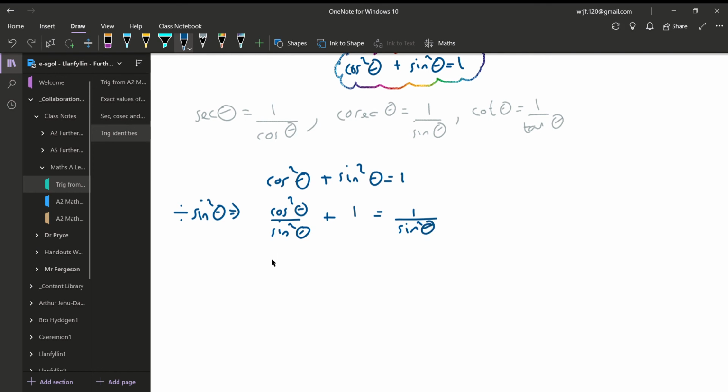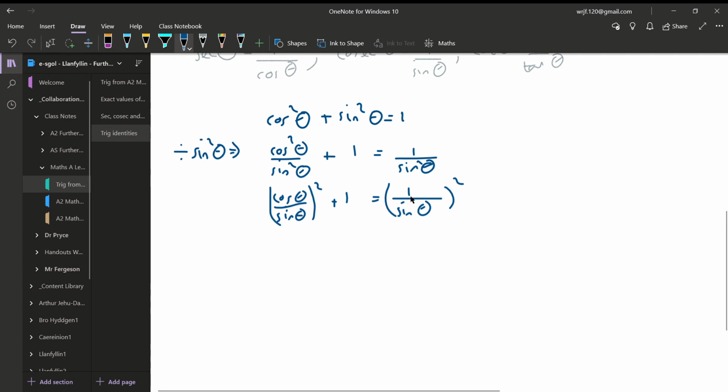Cos squared theta over sine squared theta is the same as cos theta over sine theta all squared. And 1 over sine squared theta is the same as 1 over sine theta all squared, or just the bottom squared if you prefer, don't mind which one you go for there.